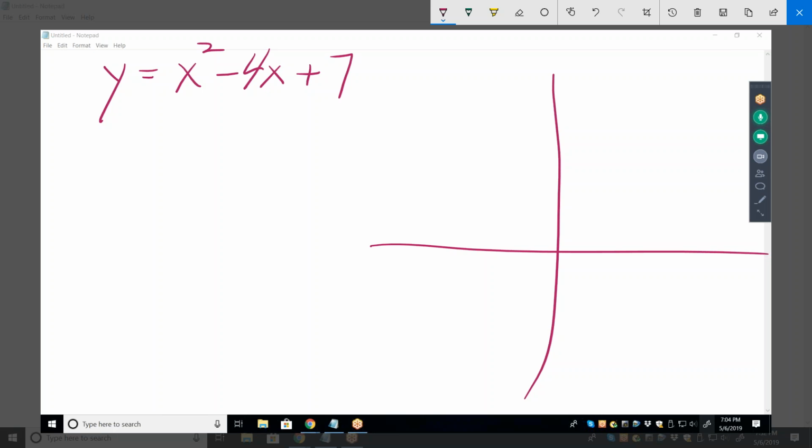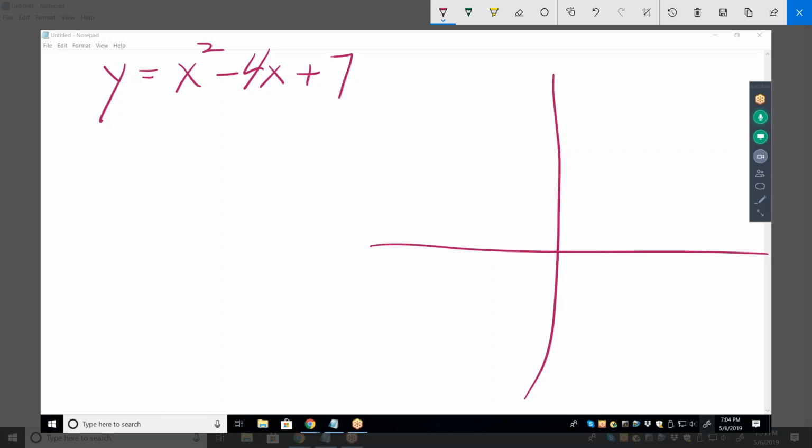And that shows you where a lot of stuff is. Once you know where the x-intercepts are, go halfway between them and you've got the vertex. Okay? So that's one way. But this doesn't factor. That's why I said really. But that's okay. When it doesn't factor, there are still 2 or 3 ways to figure out how to graph it.